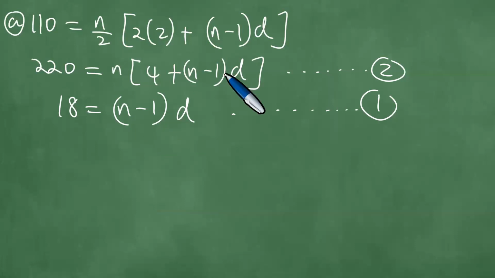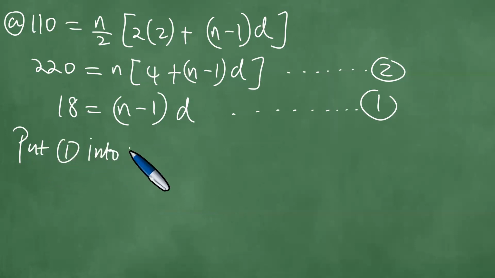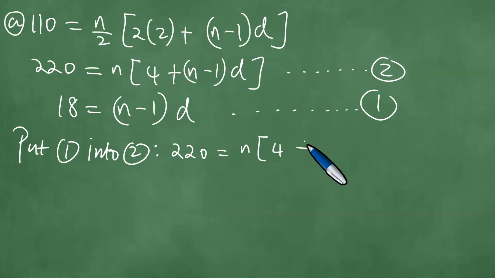But already you can just put 1 into 2, which means 220 equals, in the place of n minus 1 and d, 18, so this is 22n.